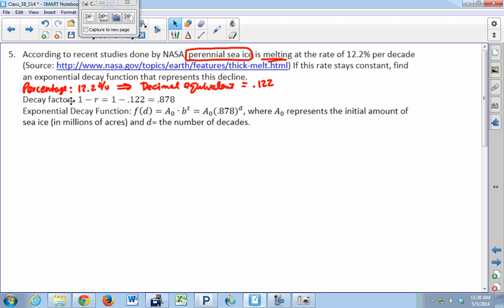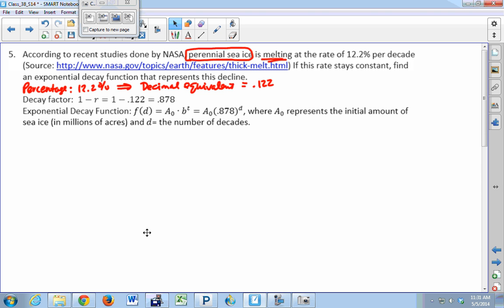So your decay factor is 1 minus r, which is 1 minus 0.122, which is 0.878. When you write your exponential function, you have your initial amount and your base, a number between 0 and 1. In this case, it's 0.878, and you raise it to D, where D is the number of decades.